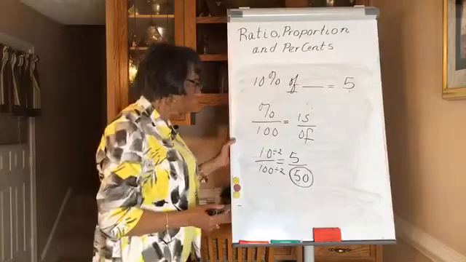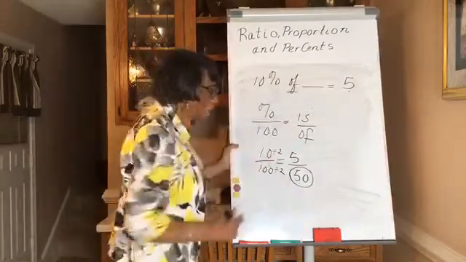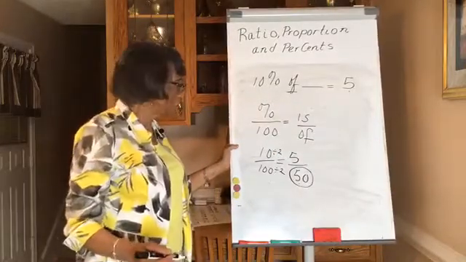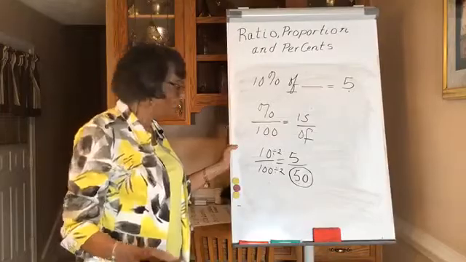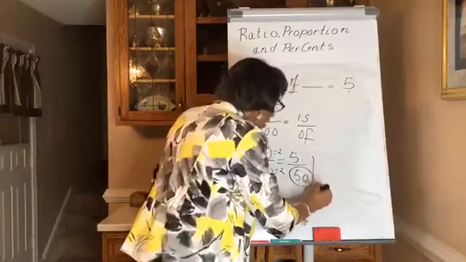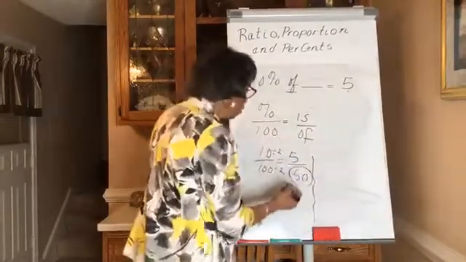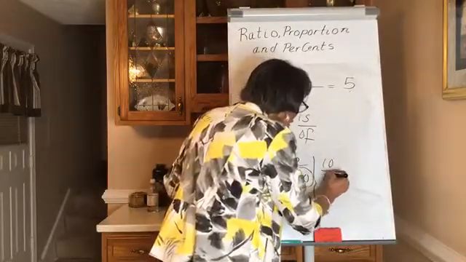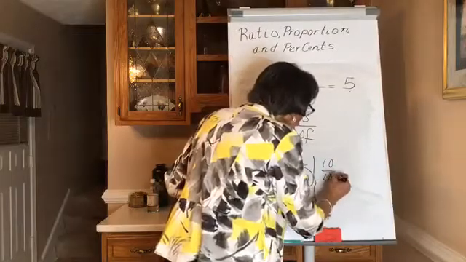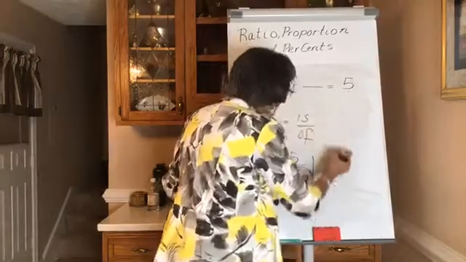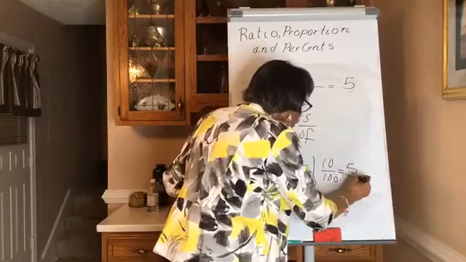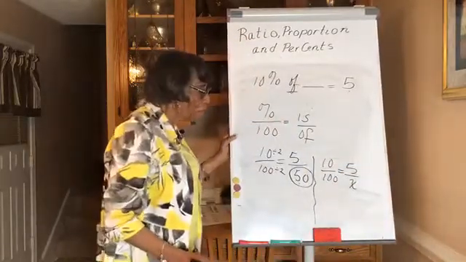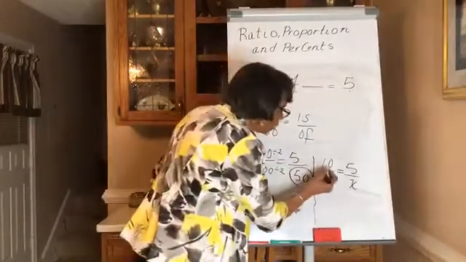Another way to approach it is from the algebraic way. Let's see how we solve proportions algebraically. Percent over 100, that's 10 over 100, equals 5 over x. And we know that we cross multiply.